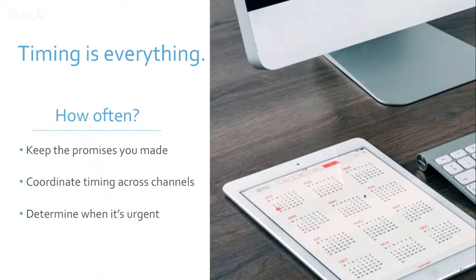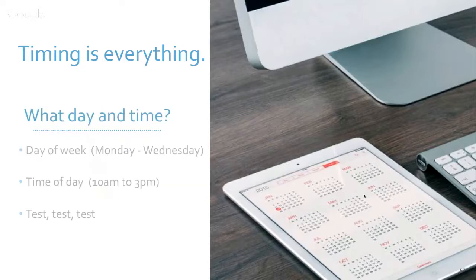And the best part about this is that the tools will tell you. When you're thinking about day and time, generally the best times for most businesses are Monday to Wednesday from 10 a.m. to 3 p.m., but you need to test this to make sure.